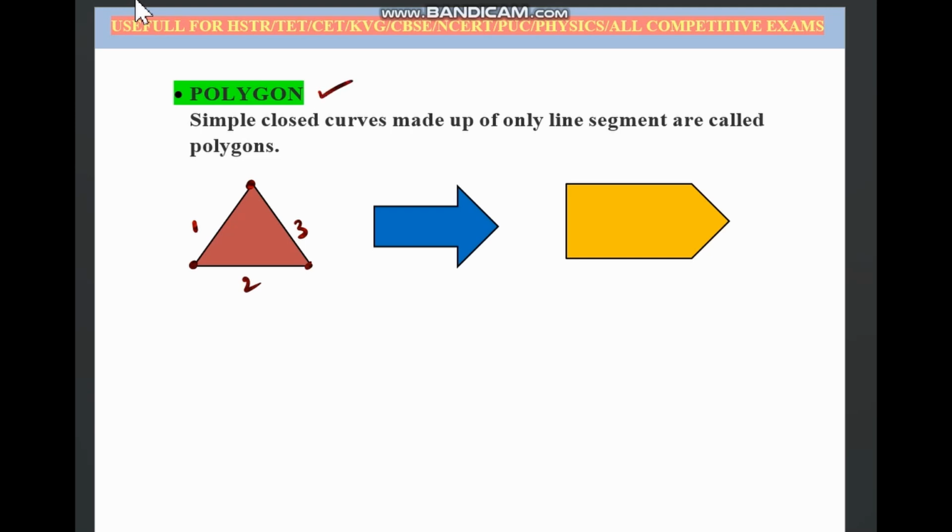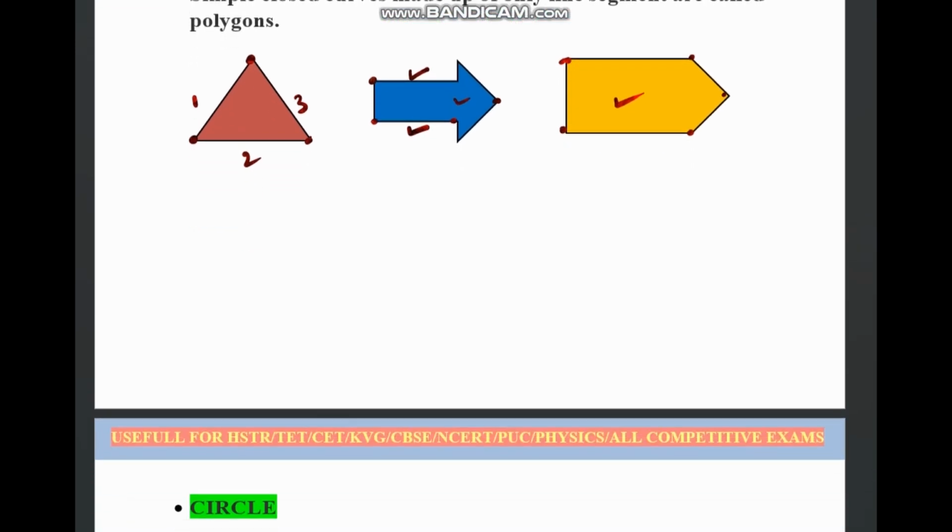So what does a polygon say? A polygon must have n number of points connected to each other with straight lines or line segments, and it must be a closed figure. Here also these points are connected by line segments and this is a closed figure. So all these are examples of polygons.